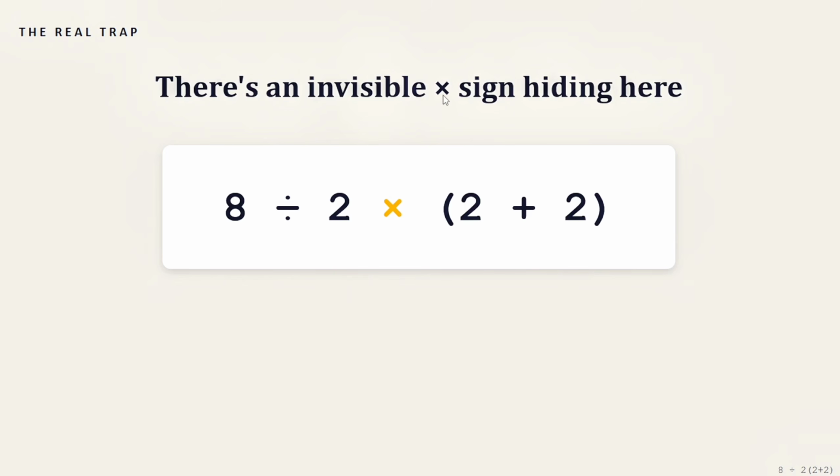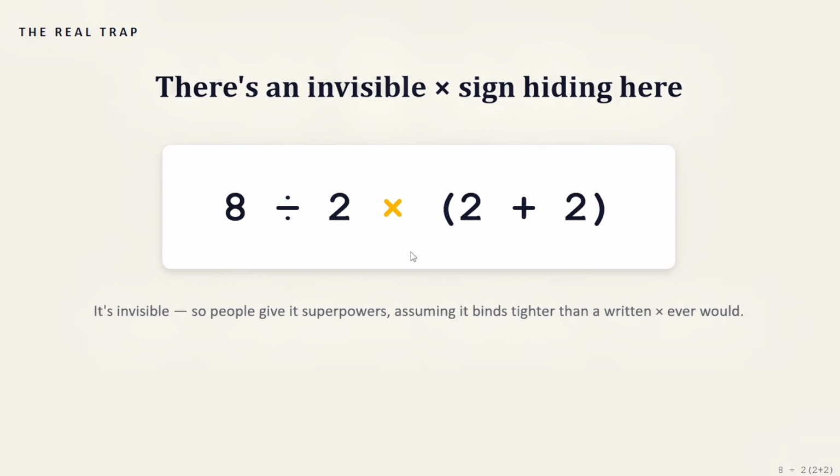There is a multiplication sign hiding between the 2 and the parentheses. It's invisible, and because it's invisible, people give it superpowers, assuming it creates a tighter bond than a regular multiplication sign would. But in standard arithmetic, an invisible multiplication sign is just that, a multiplication sign. It has no special priority. It doesn't get to jump the line just because we didn't write it down.